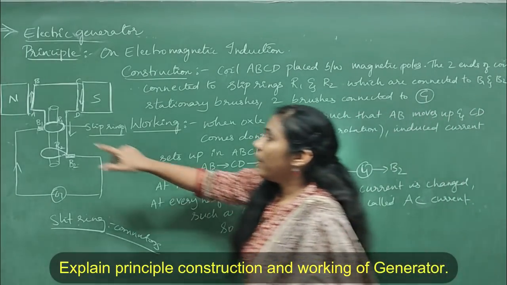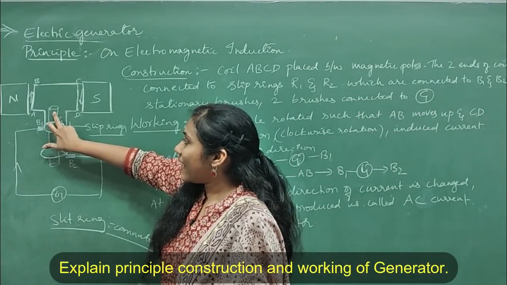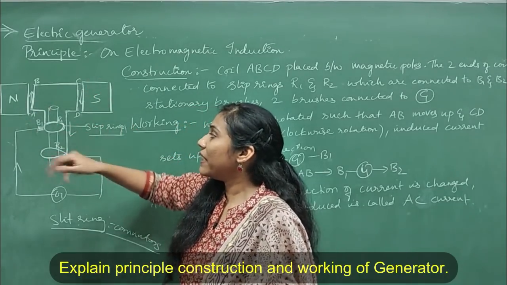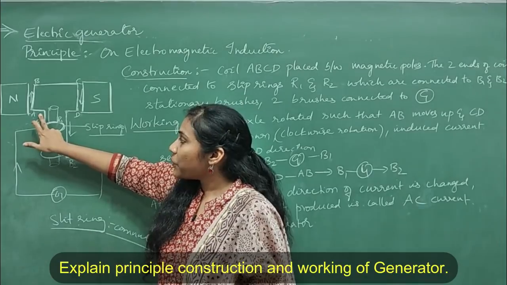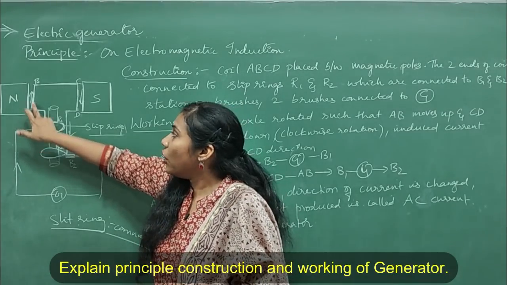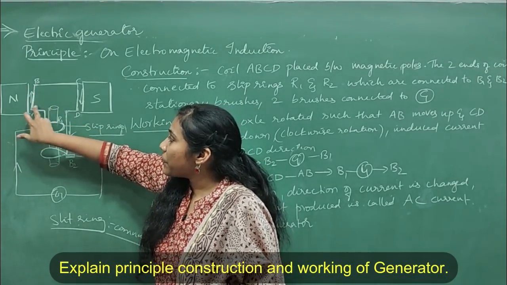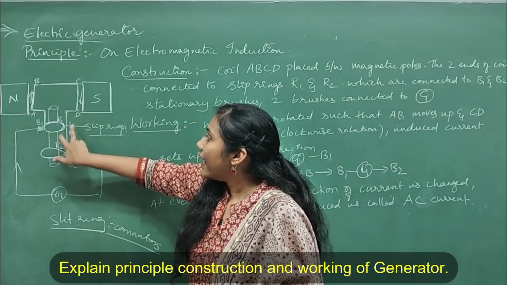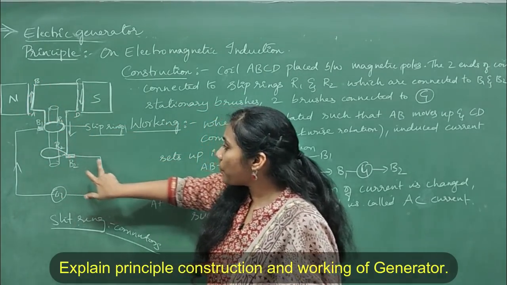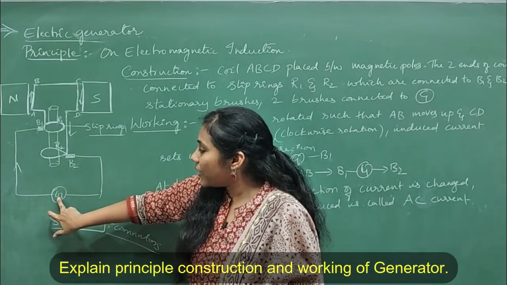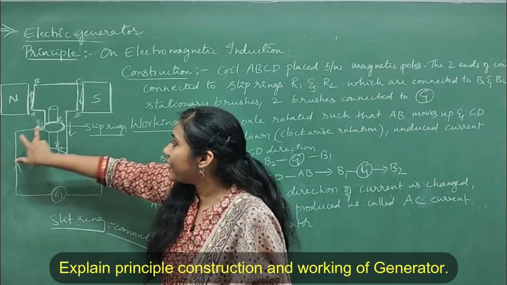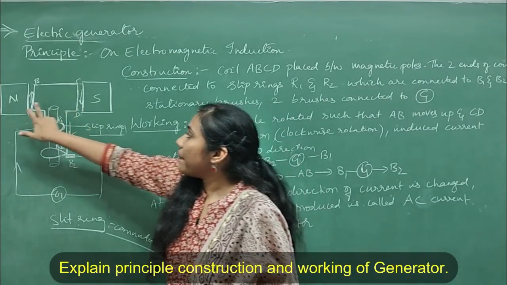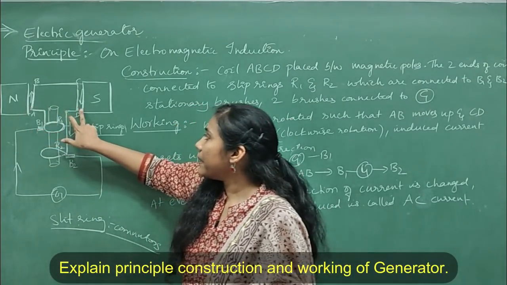Initially, as I rotate the axle, AB is coming up and CD is going down, a clockwise movement. That way current is produced, first here, and it goes through AB, BC, CD, and CD is connected to B2. Then it goes through the galvanometer and again to B1. After half a rotation, CD comes to the place of AB and AB comes to the place of CD.